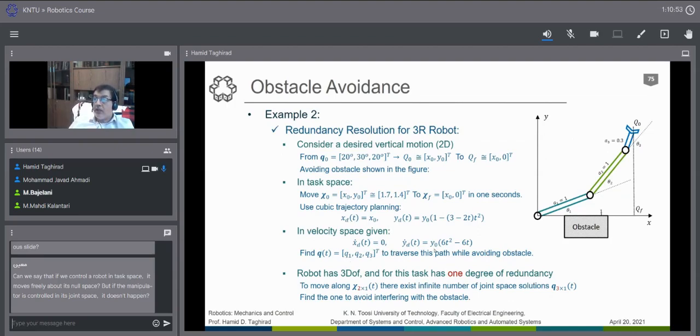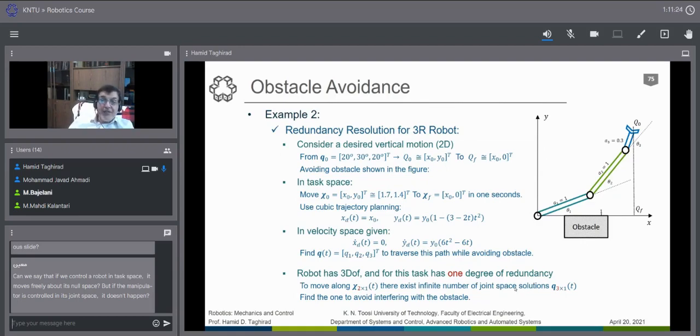Since we have 2 desired trajectories, x and y, and 3 q's in here, we have 1 degree of redundancy as the simplest possible case. To move the x, which is 2 by 1, the q, which is 3 by 1, has 1 degree of redundancy. We have infinitely many solutions to that.